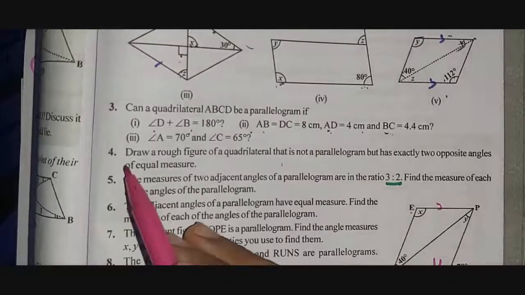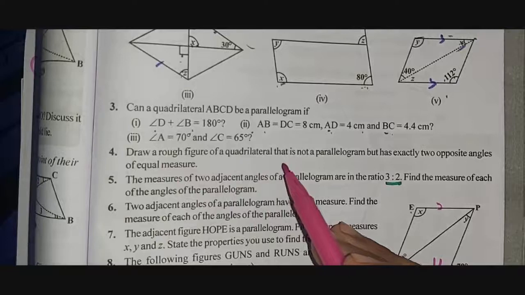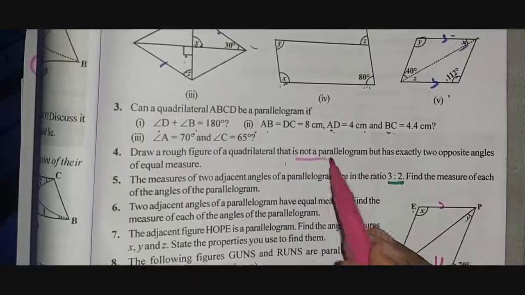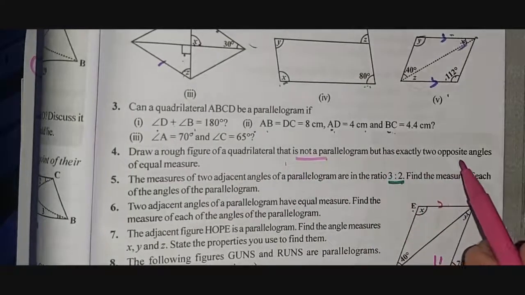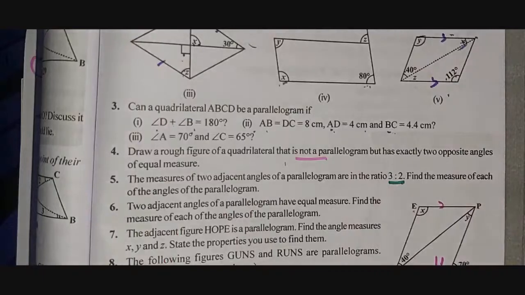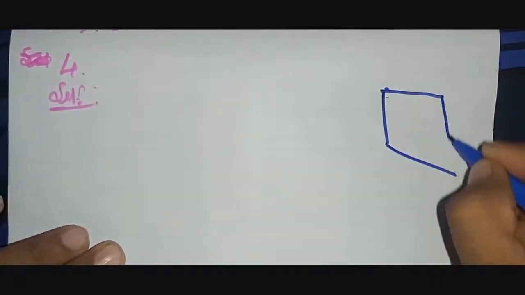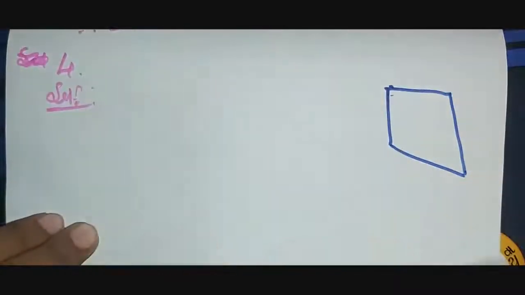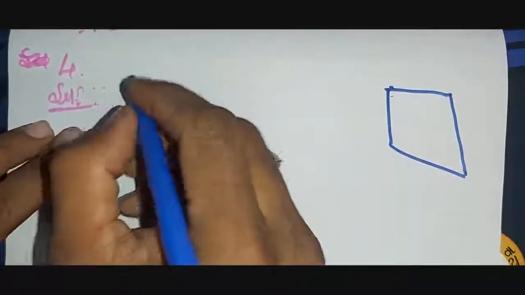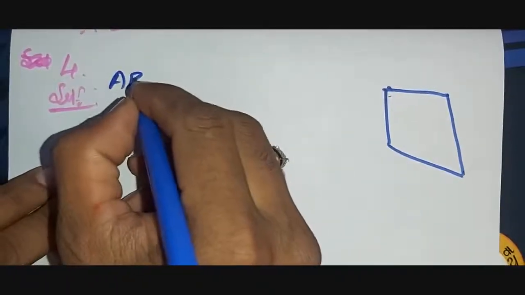Okay, here we have the fourth question. Draw a rough figure of a quadrilateral that is not a parallelogram but has exactly two opposite angles of equal measures. I will draw a figure here.